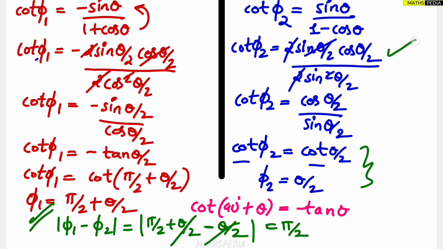You could have taken tan in this step also, but then you have to simplify. That is also fine. You can take tan phi 1, phi 2, then simplify. Otherwise, simplify first, then multiply. Because after simplifying, if you are not able to cancel, then you can proceed and do this phi 1 and phi 2 method.